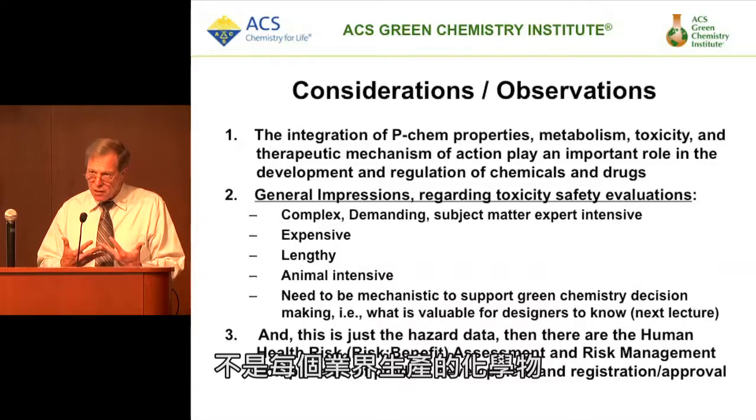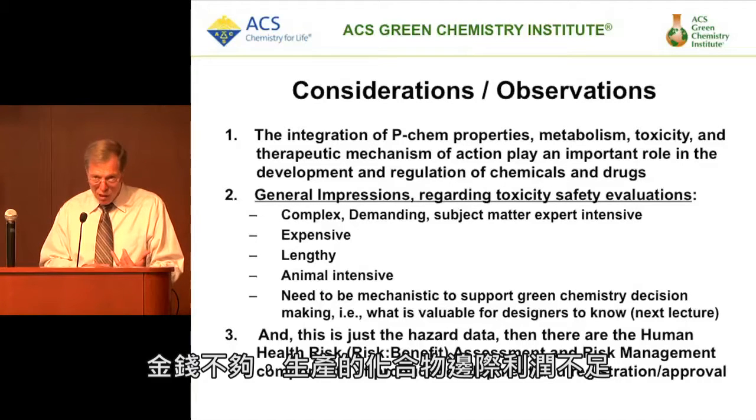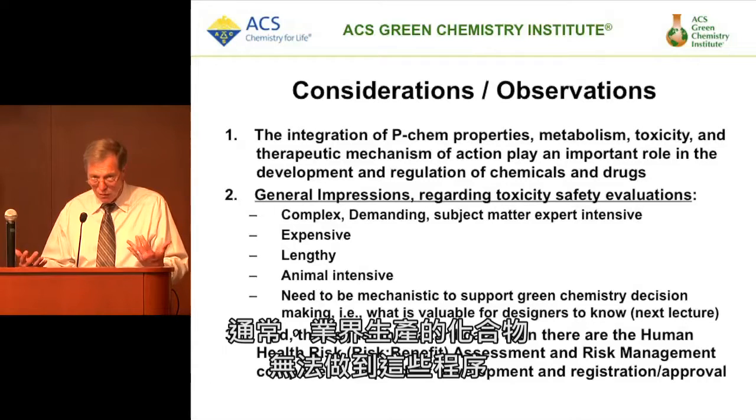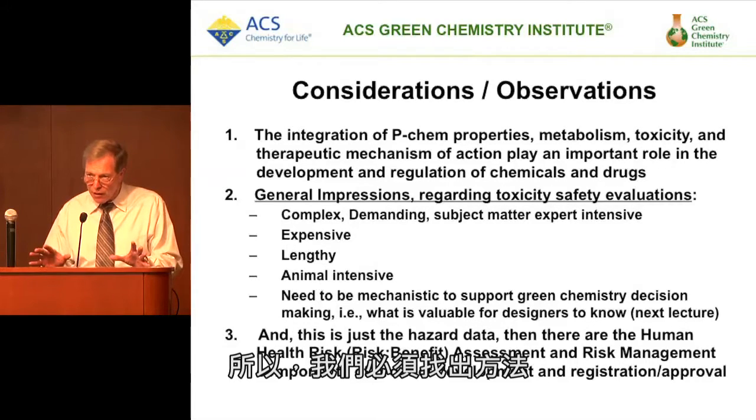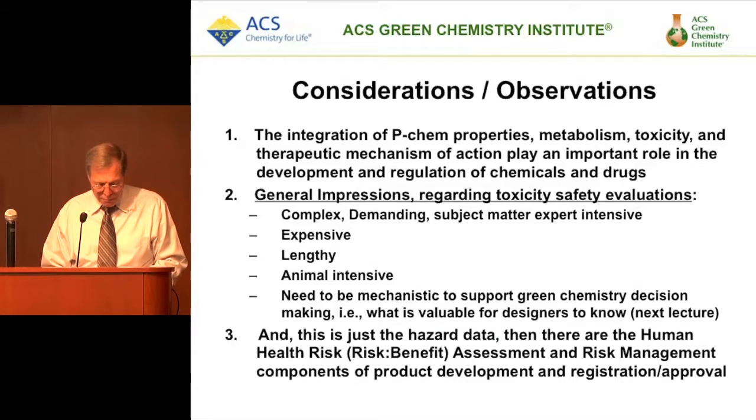So this is not a process that could be undertaken for every chemical produced in industry. There's just not enough money, there's just not enough profit margin in the compounds that are produced by industry typically to be able to do these. So we need to find a different way than these types of long-term tiered testing to evaluate chemicals.